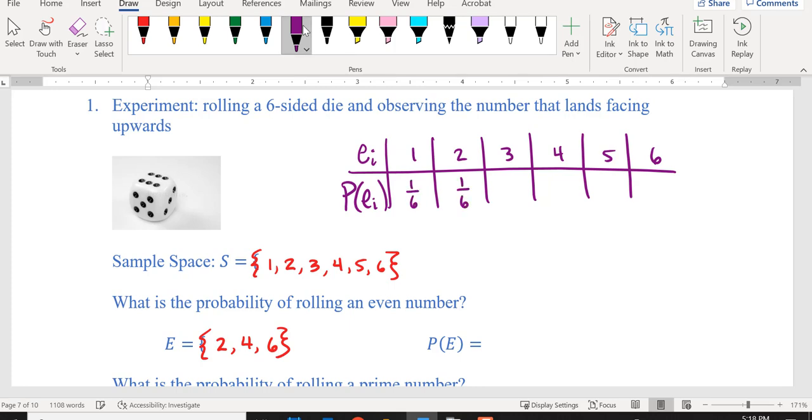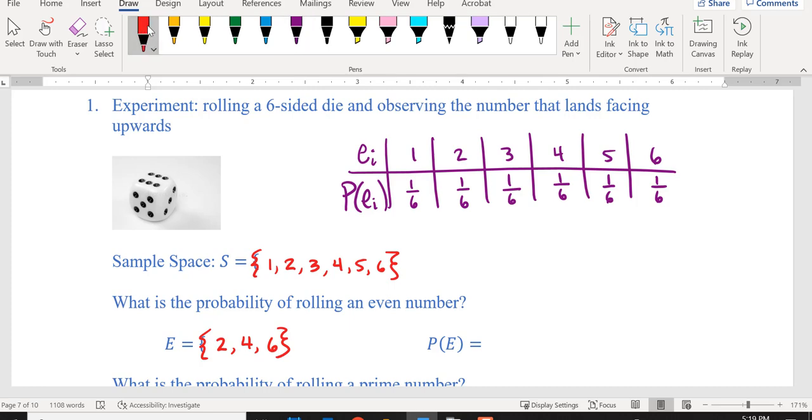And for each other number, they're all 1/6. That's assuming you have a fair, unweighted die. If you add all those probabilities up, you get 1. So that is indeed an acceptable probability assignment.